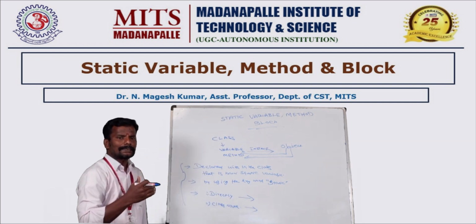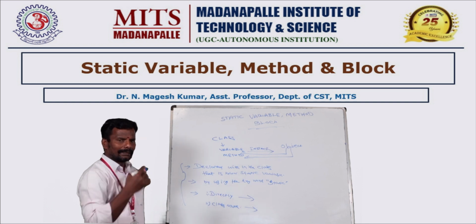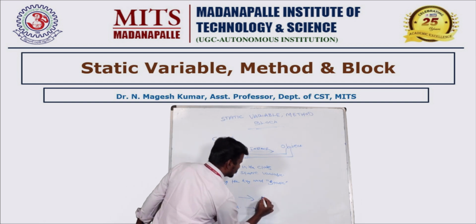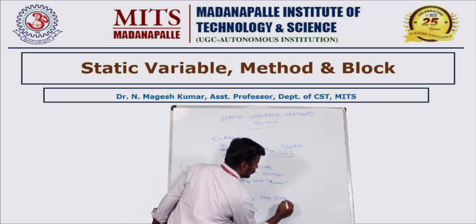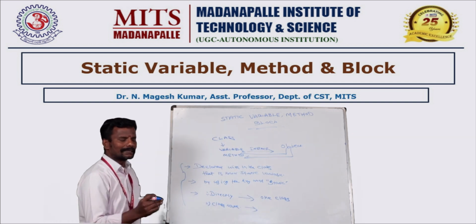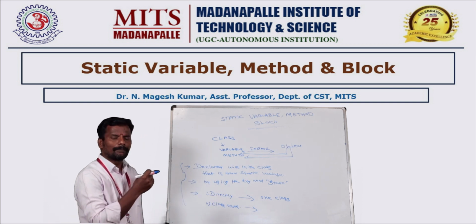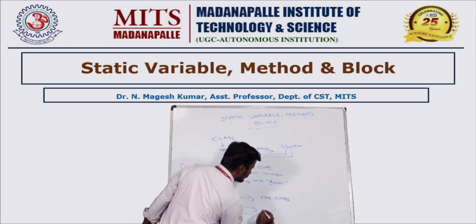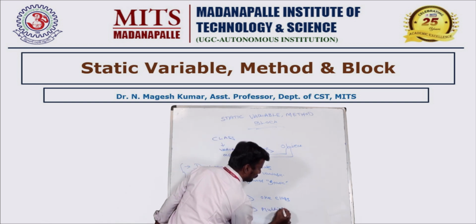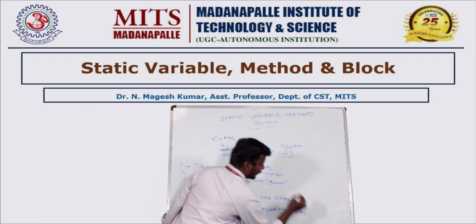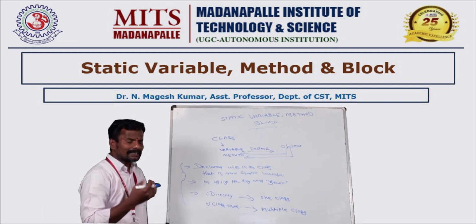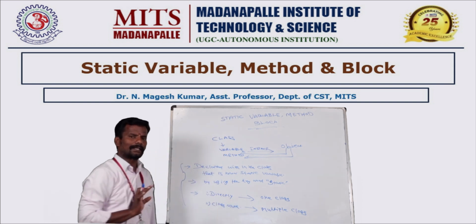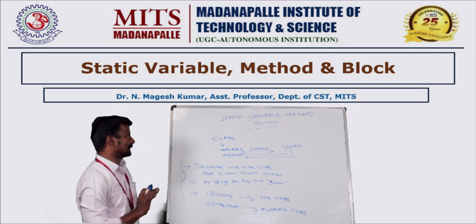Suppose the class contains all the declarations and methods, and there is only one class, then we access those variables and methods directly. If the program has multiple classes, then we have to use the class name to access those static variables. So that is the first thing, static variable.